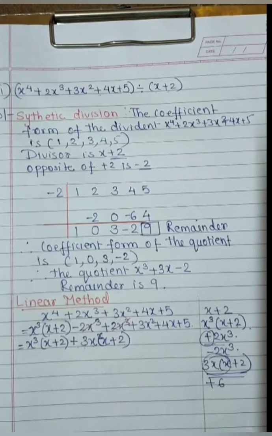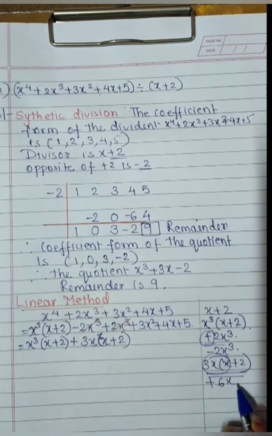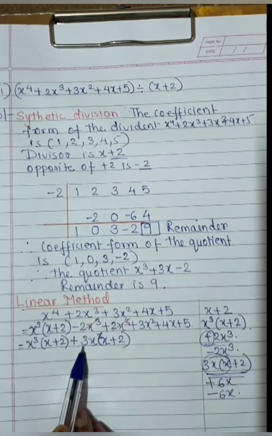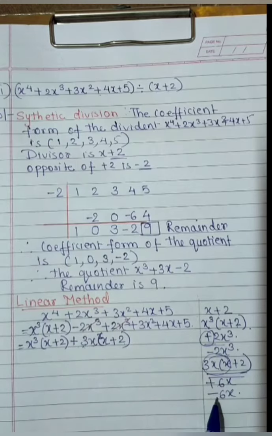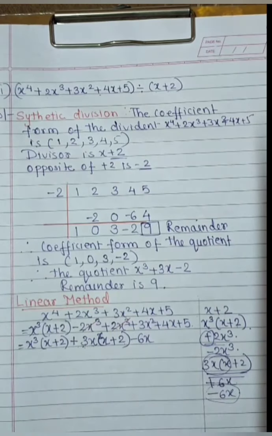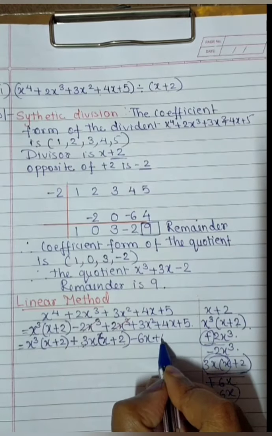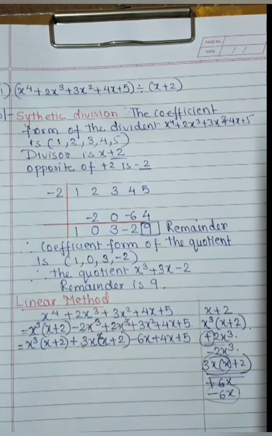Now what will we do? We will do minus 6x, okay. When we multiply 3x with 2 we will get plus 6x, but we will change the sign, then we will get minus 6x, okay. I think you are understanding, and the remaining as it is we write plus 4x plus 5.